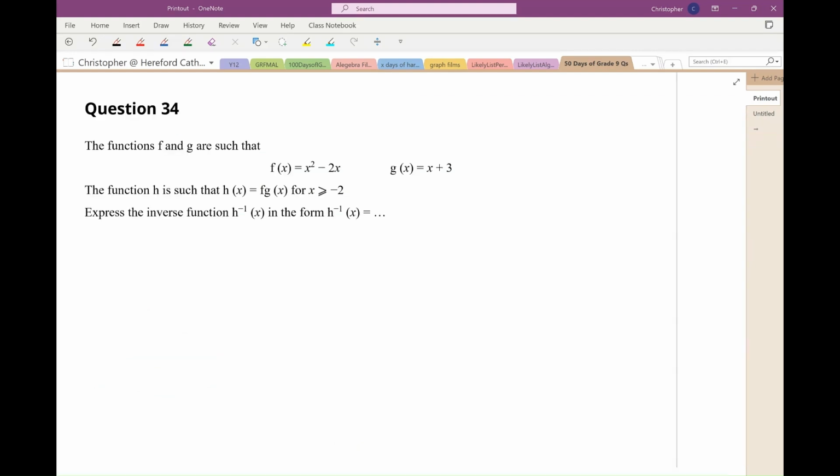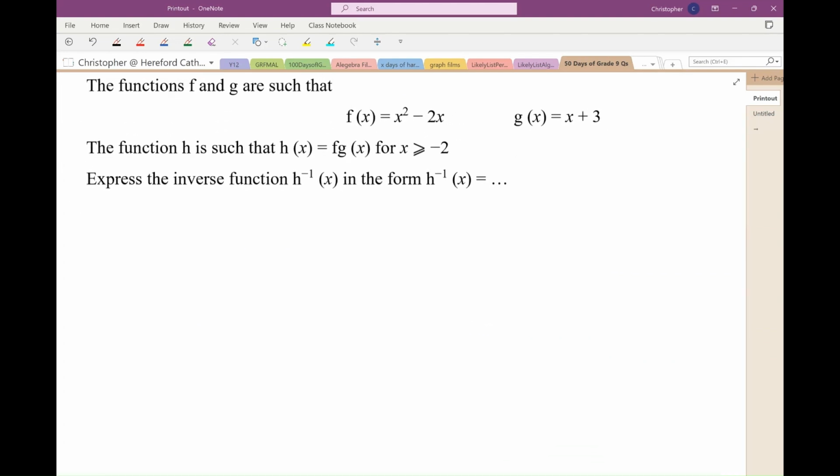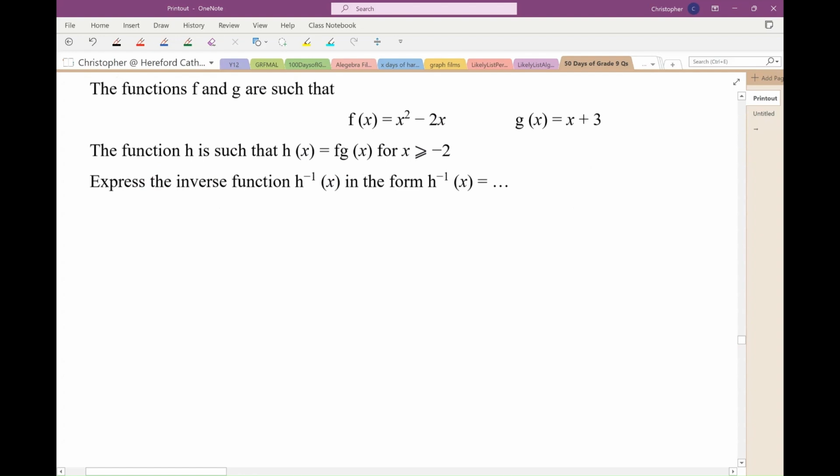Question 34. Right, functions. The functions f and g are defined for you there, and the function h is such that h of x equals fg of x, for x is greater than or equal to minus 2. Express the inverse function, h minus 1 of x.